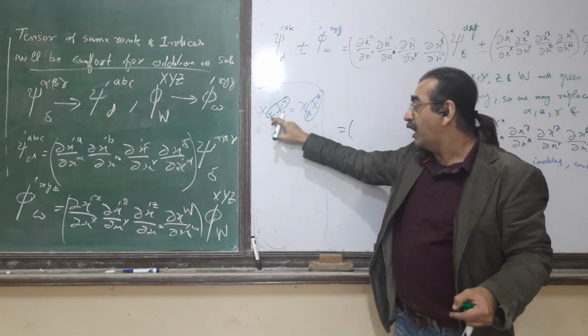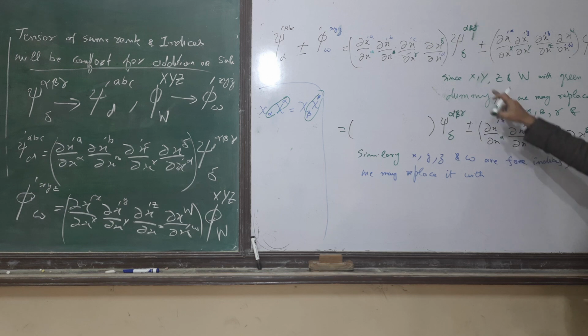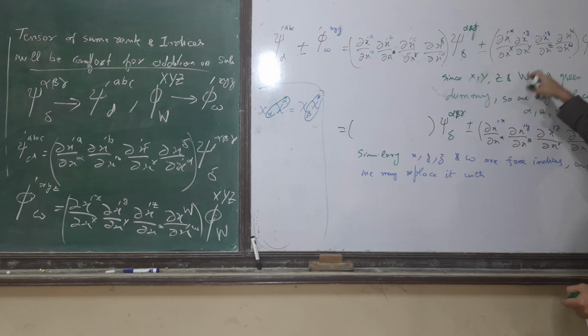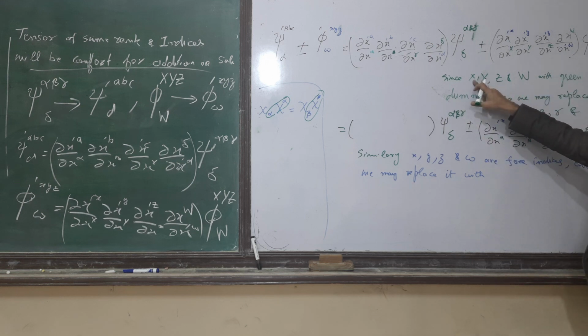Alpha is changing here. I'm saying capital X, capital Y, capital Z, and capital W are all changing. X is replaced with alpha, Y is replaced with beta, Z is replaced with gamma, and W with sigma. Yes, that's my mistake, I must write respectively.